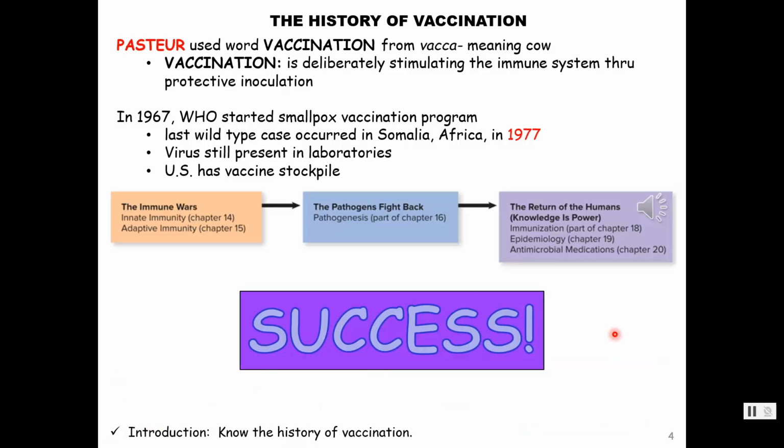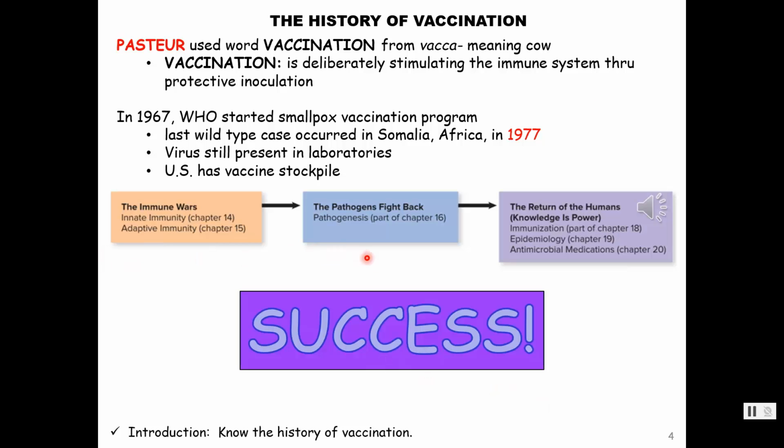Okay, so Pasteur, that's where we got that word vaccination, in honor of Jenner and his use of cowpox. Louis Pasteur was working on anthrax and rabies. Vaccination is deliberately stimulating the immune system through protective inoculation. As we've been going through this semester, we just finished off the immune wars. We talked about the immune system.